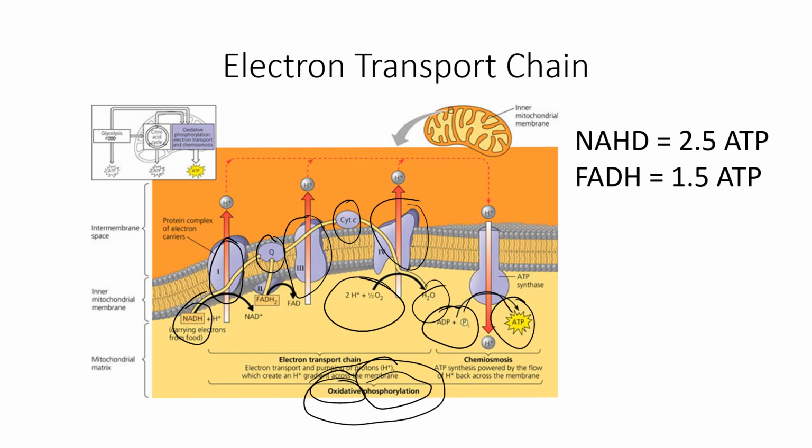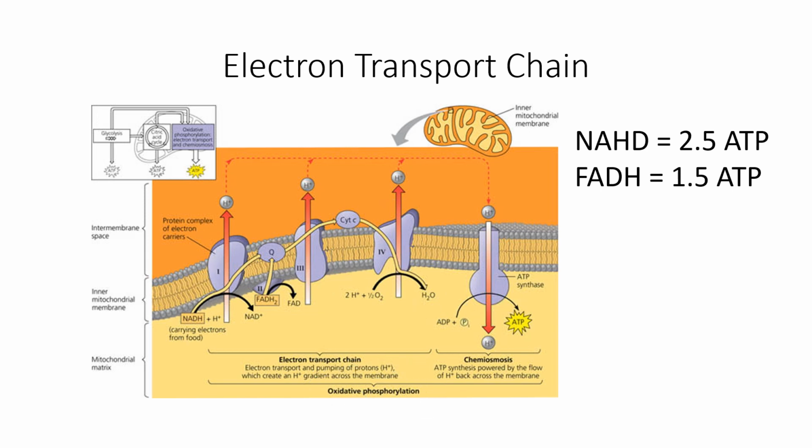And to think about that more entirely, these oxidation reactions allow for hydrogen ions to be pumped into the intermembrane space, creating a hydrogen ion gradient, right?